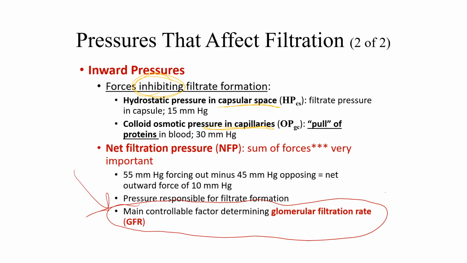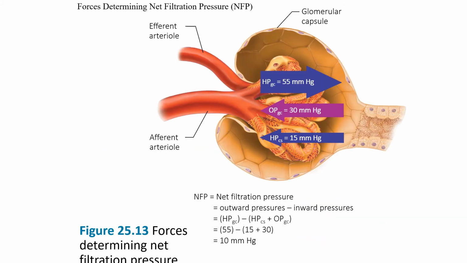And knowing the glomerular filtration rate, we can tell how well the kidneys are working. Here we see that the net filtration pressure is plus 10. In other words, we have things moving out of the blood and into the filtrate.